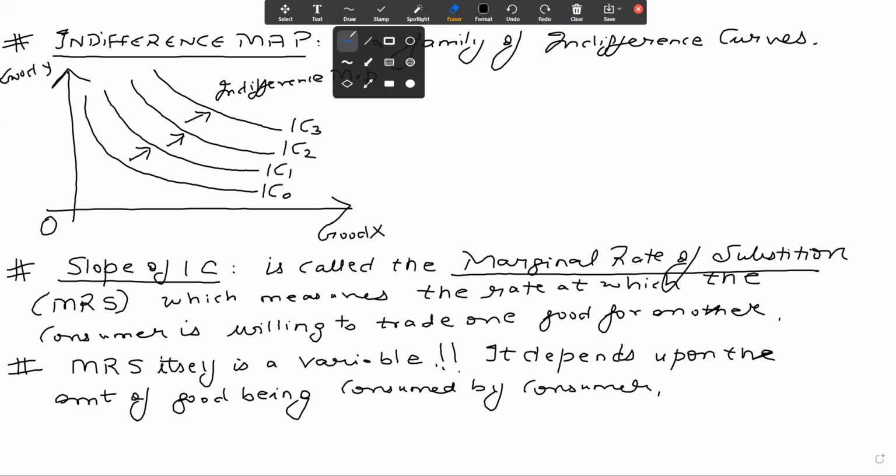Now, let us look at the properties of indifference curves. Properties will explain in a better way why indifference curves are downward sloping and why they are convex to the origin. So let's look at all these properties one by one. Our next heading is properties of indifference curves.